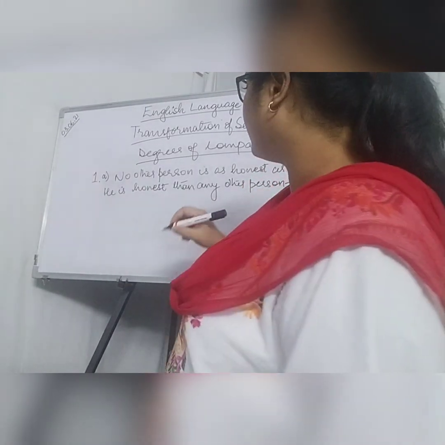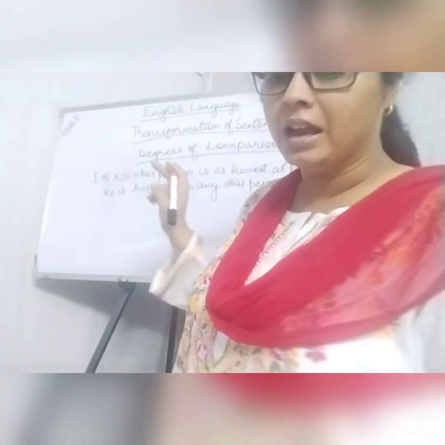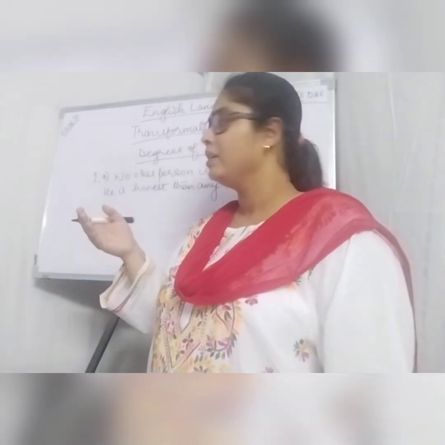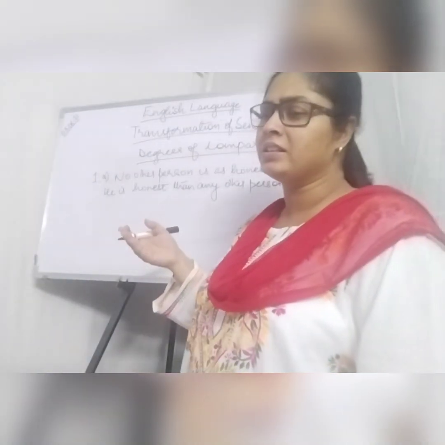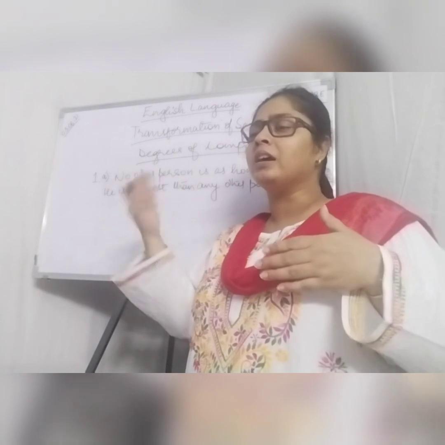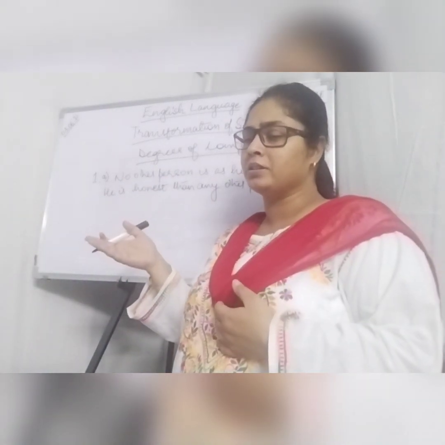Comparison is being done. This is a positive degree. Now this is comparative. Here we are comparing him with the other person, and that is why we are saying he is more honest than any other person.